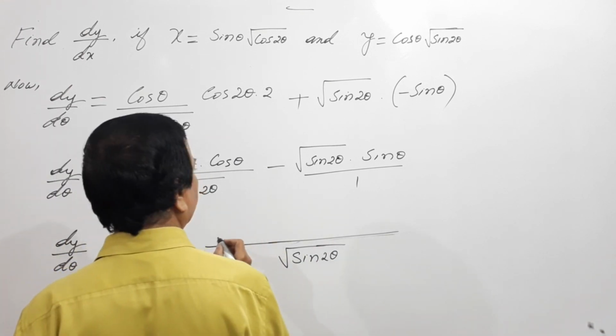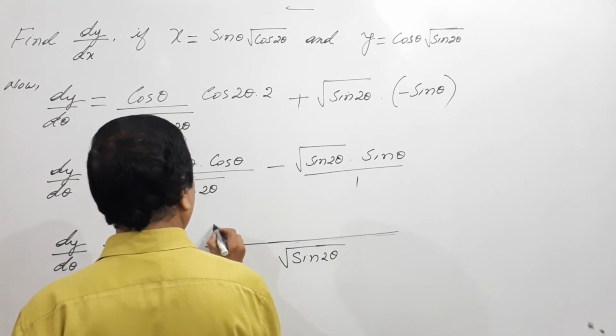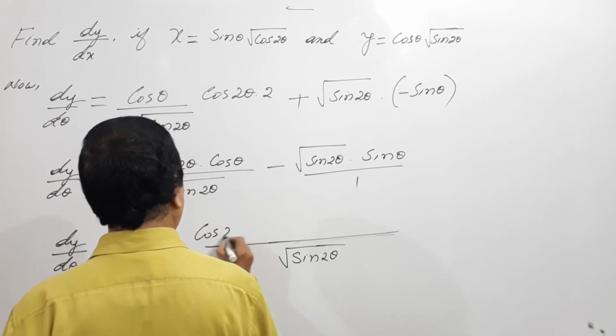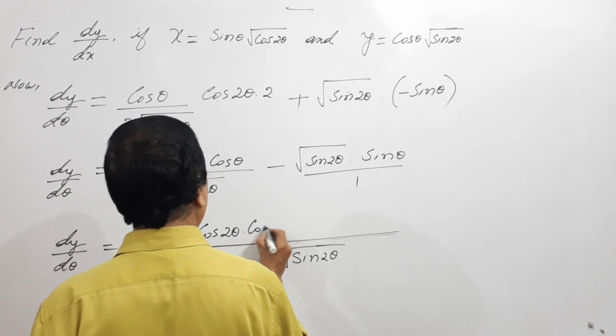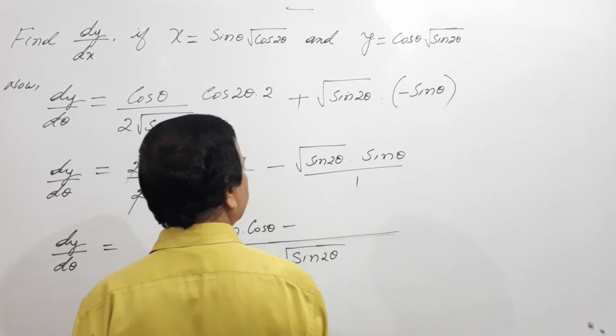So this is cos 2 theta into cos theta minus.